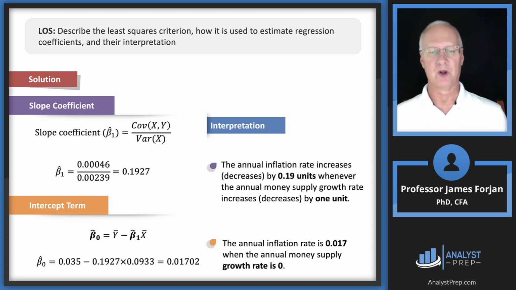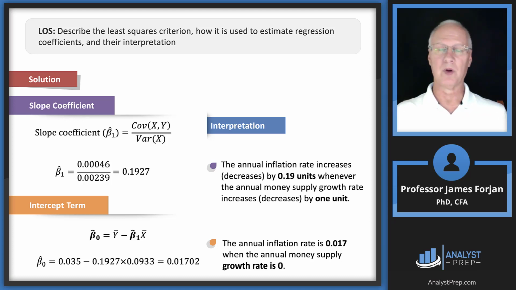And then for the intercept term, we just input that 19.27 based on what we have back there, 35 and 9.33. And we get about 1.7%. And the interpretation, this is important, notice we have it in bold: annual inflation rate is 1.7 when the annual money supply growth rate is 0.